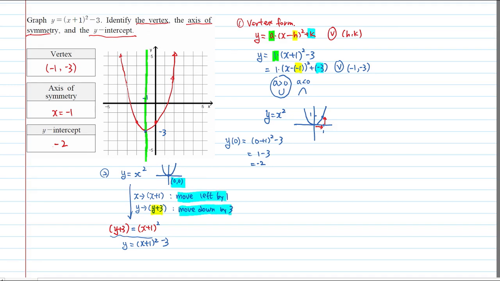So 0 moves left by 1, so that becomes negative 1. And then it moves down by 3, so 0 moves down 3, that becomes negative 3. So that will be my vertex. So the vertex will be (−1, −3), and the axis of symmetry will be x equals negative 1.